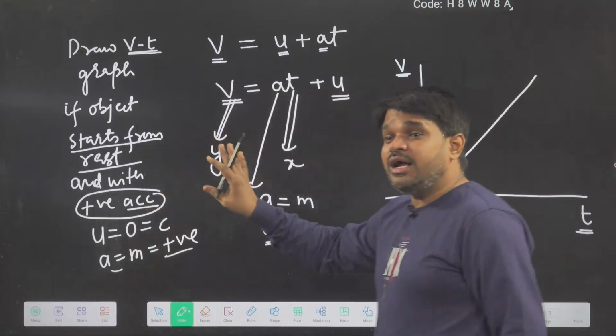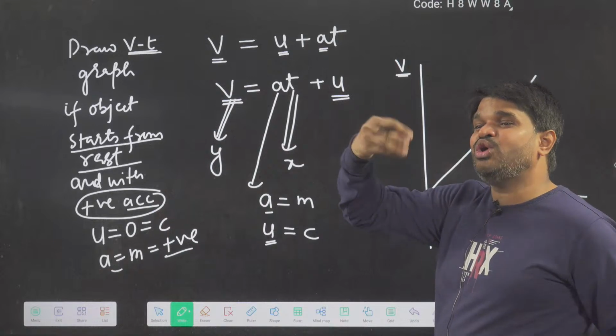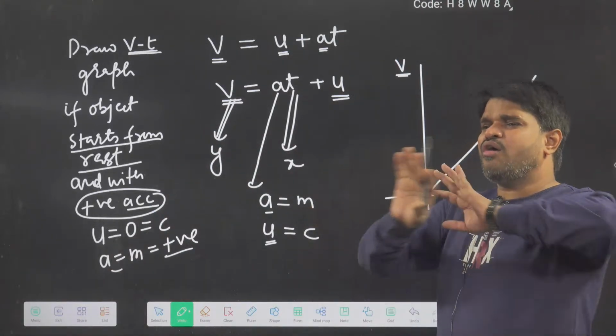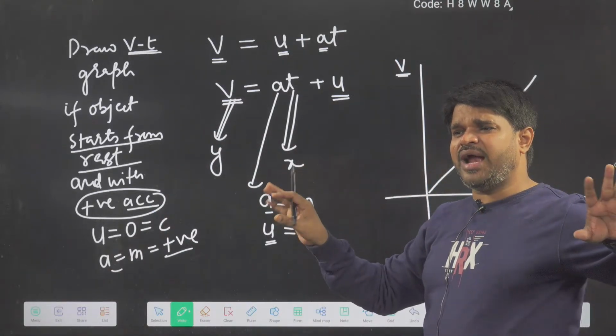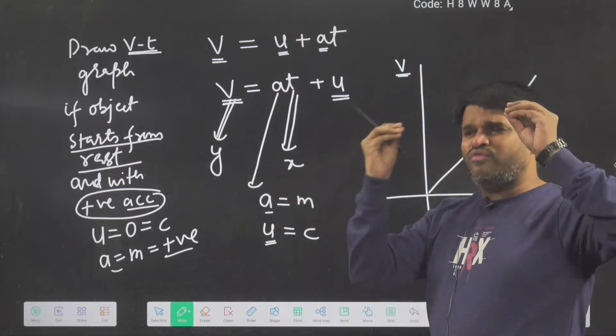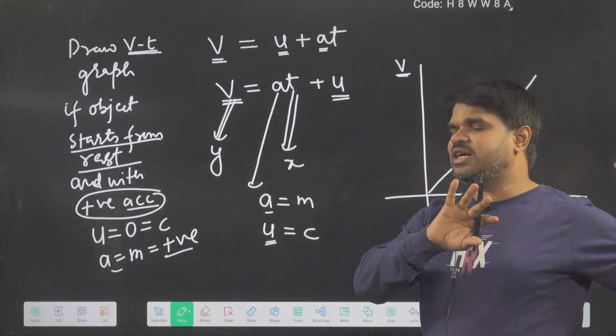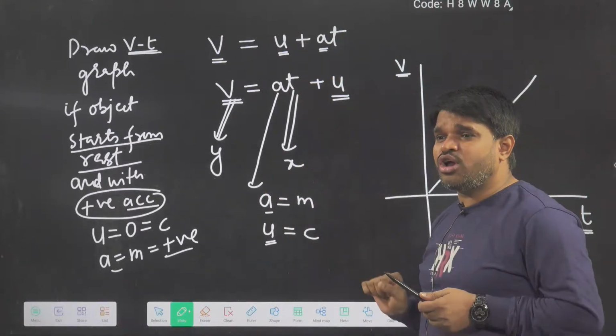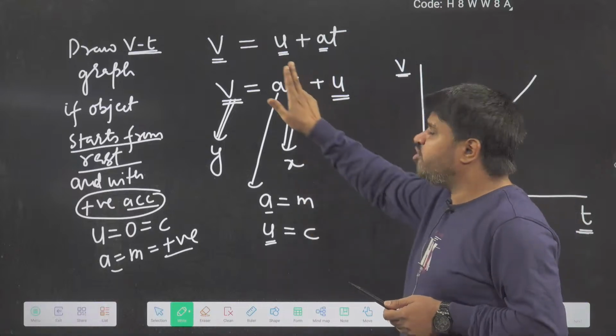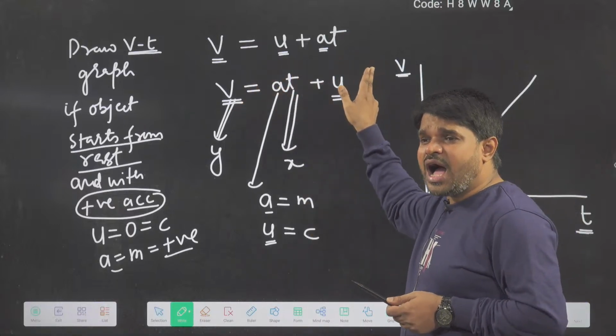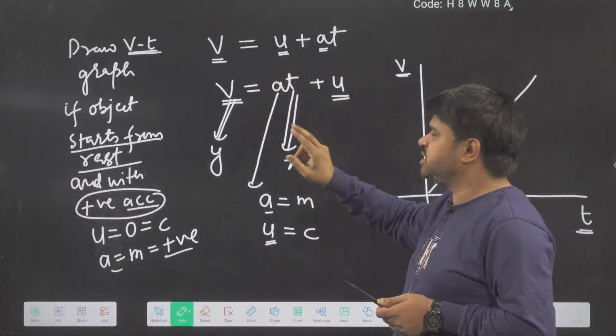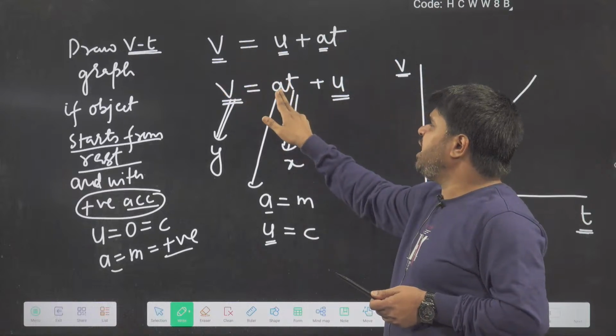Now do you understand how we are going to apply this concept in physics? Whatever physics is being applied here, forget it. Leave the physical concepts, and just concentrate on the mathematical terms. V equals u plus at, I am rediscussing: I am writing v as at plus u.